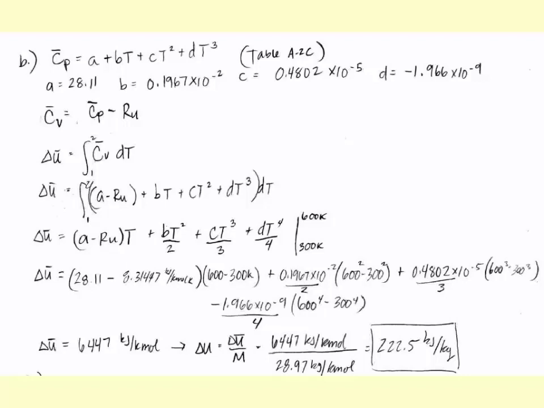And because we're dealing with the molar form, if we put our lines over the top of these, then this R turns into the universal gas constant, working in the molar form. So delta U in the molar form is going to be the integral, if we plug in this C sub P minus R_U and using this equation, then we have A minus R_U plus BT plus CT squared plus DT cubed dt.